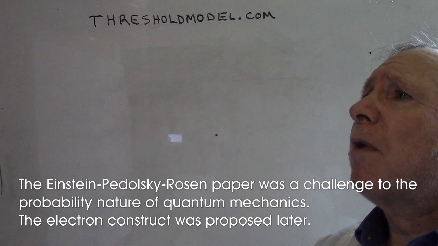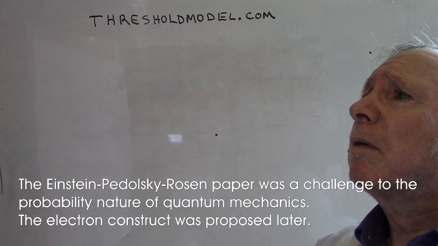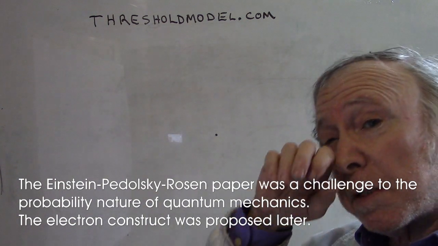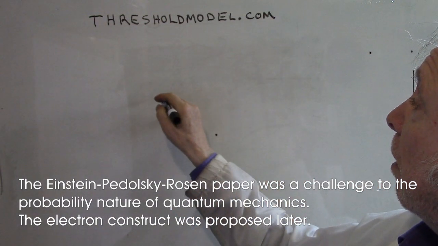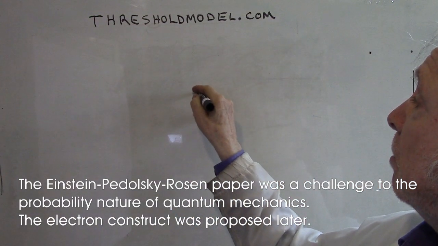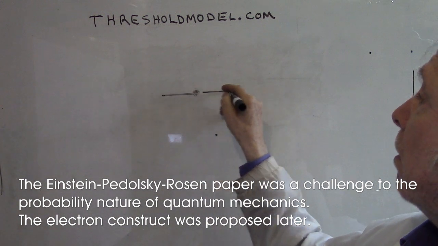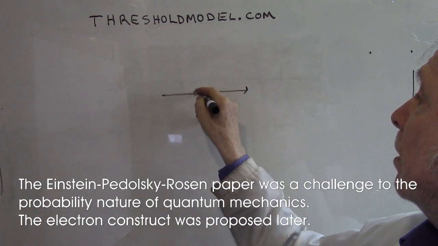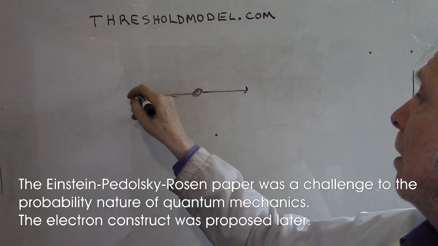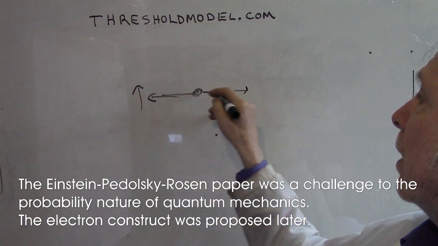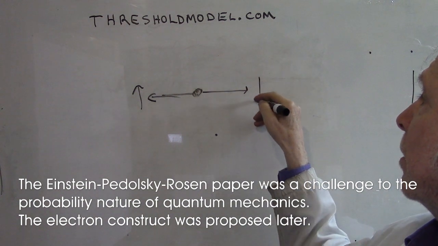In 1935, there was Einstein's paper where he came up with a model of an objection to quantum mechanics, where two electrons go in each direction, with a property in one direction and a property in the other direction.